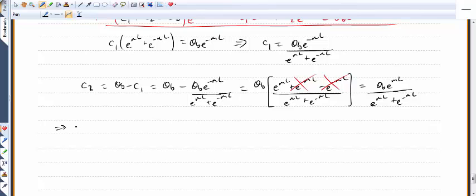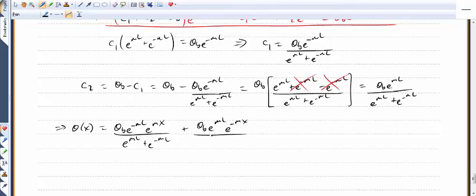Therefore, we can get our exact solution, theta as a function of x, is equal to C1, which is theta sub b e to the minus ml times e to the plus mx over e to the ml plus e to the minus ml, plus C2, which is theta sub b e to the ml e to the minus mx over e to the ml plus e to the minus ml. So we have our exact solution.